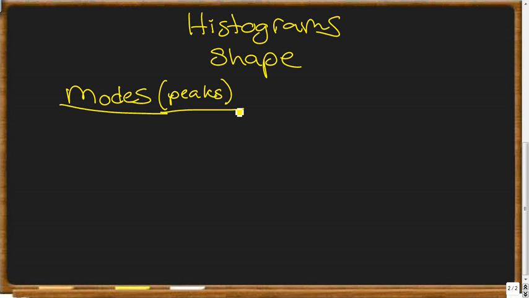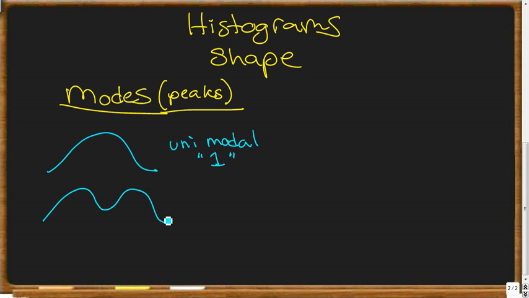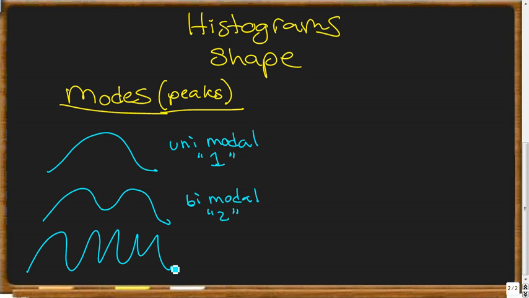You'll have some that look like this, which is called unimodal, and that's for the number 1. You'll have some that look like this, which is called bimodal, which is 2 peaks. And you might have some with many modes, which is called multimodal.